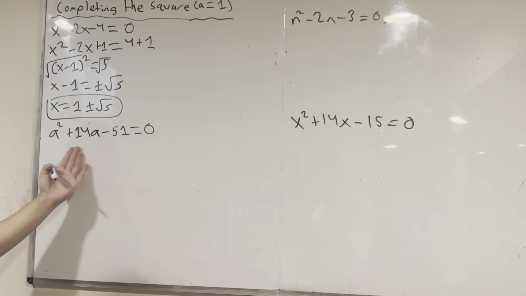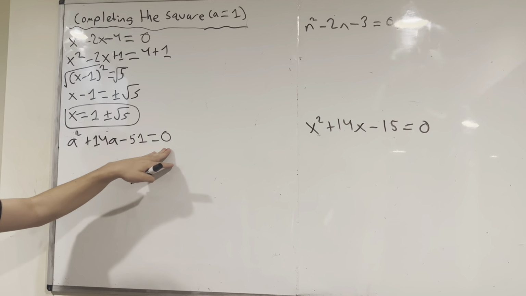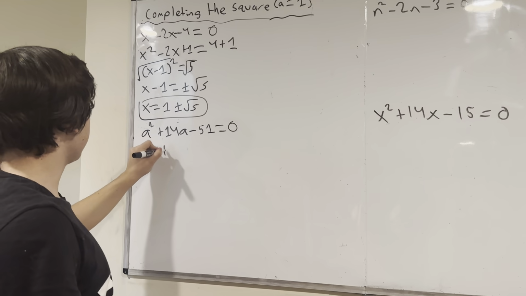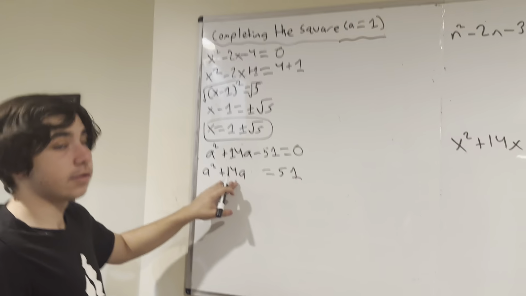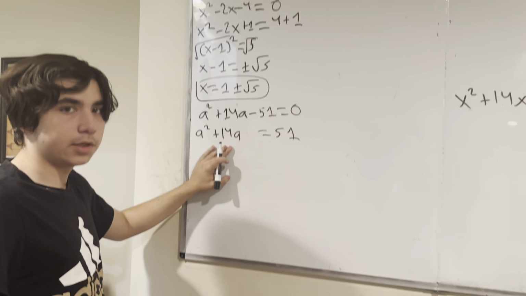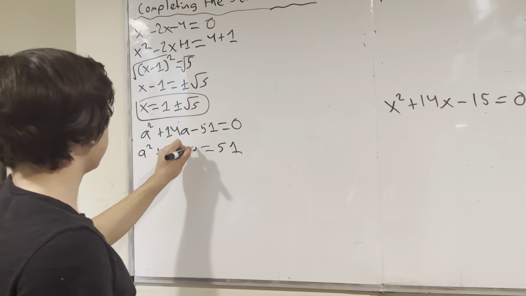So here, again, the first step is going to be adding that 51 to the other side. So we get a squared plus 14a, where I leave that space, equals 51. Alright, and then I take this 14, divide it by 2 and square it. 14 over 2 is 7. 7 squared is 49. Add 49 to both sides.